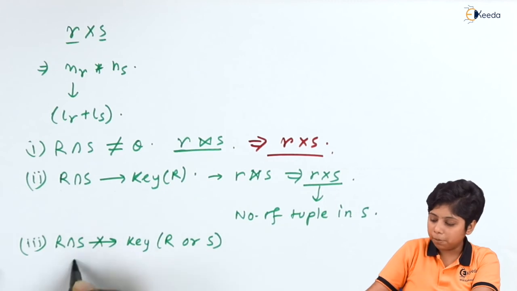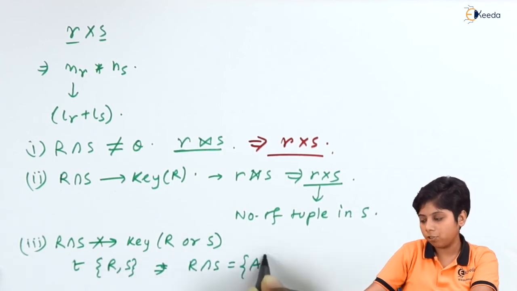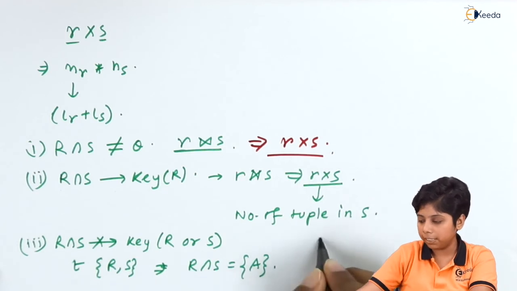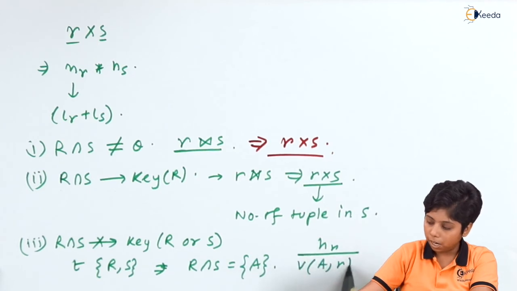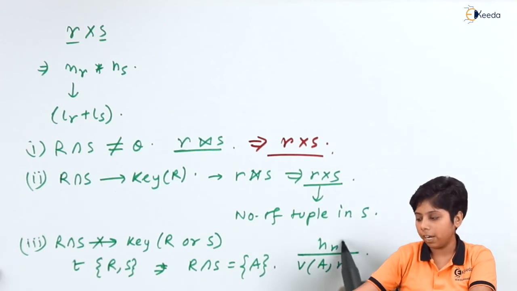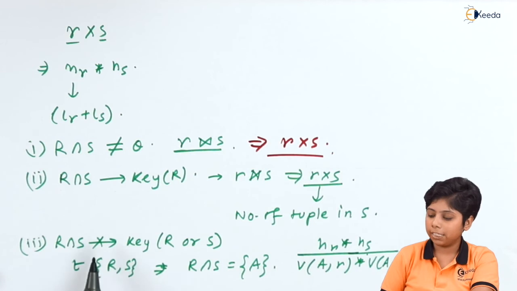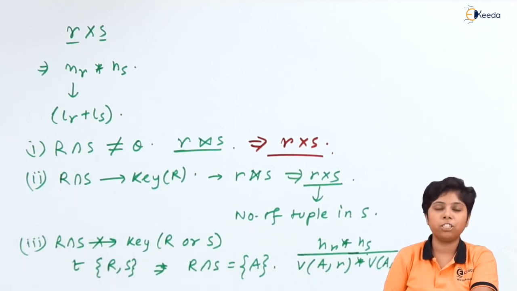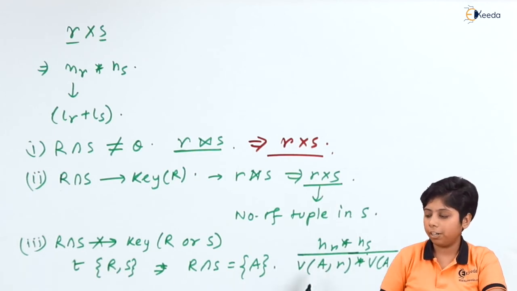Now if we estimate a tuple T over the relation R and S, and we have R intersection S as a set of attributes A, then we can estimate it as NR by V(A, R) for each of R and S. As a product, it will have NR into NS by V(A,R) into V(A,S), if there is no key belonging to R or S in this R intersection S. Now, if it is in R, then we have NR by V(A,R).